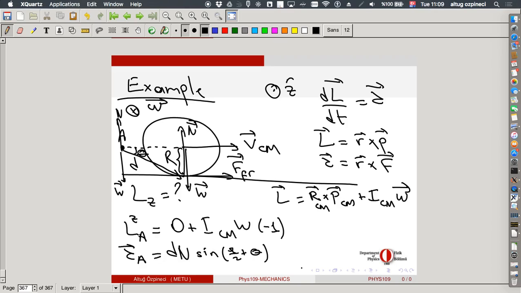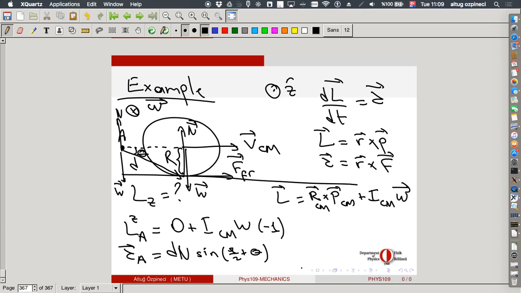Is this correct? Do you agree with this one? I have d in this direction, this is the normal force, and I define this angle as theta. So the angle between d and the normal force is pi over 2 plus theta.